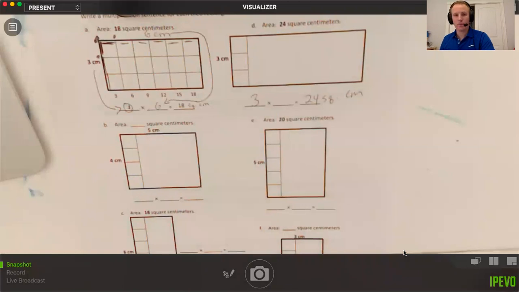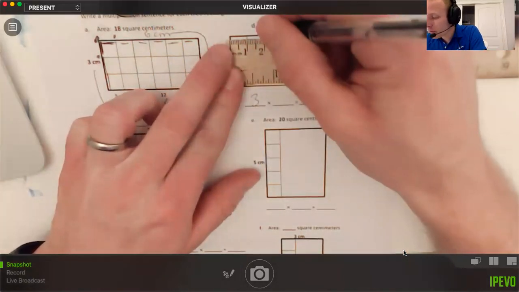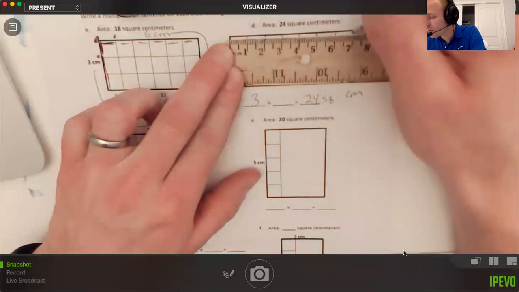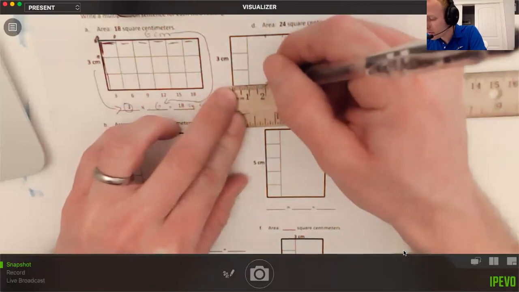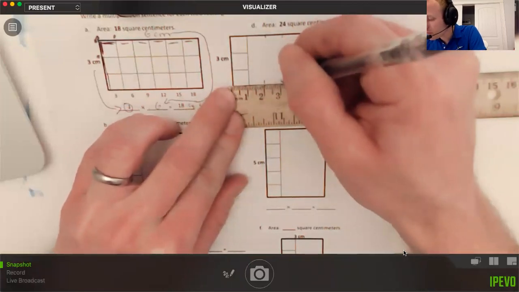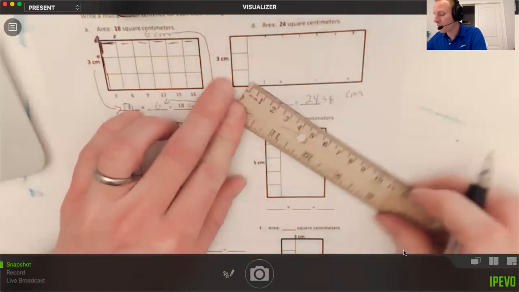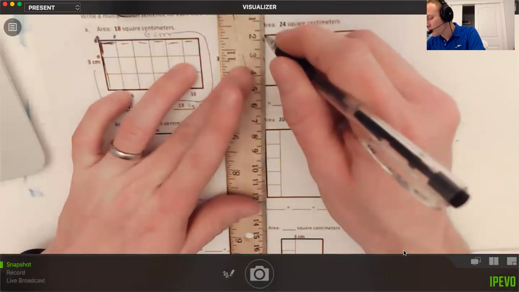If it's more difficult for you to answer that question, if you're not quite sure, then do this. Say 1 centimeter, 2, 3, 4, 5, 6, 7, and 8. And then go down to the bottom and do the same thing: 2, 3, 4, 5, 6, 7, and the last one being the 8. And then just connect your dots.